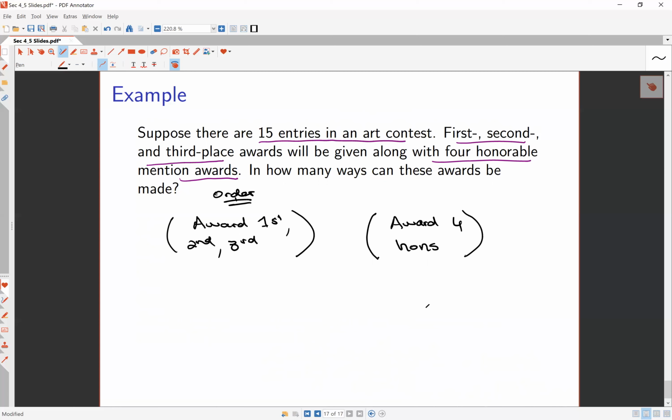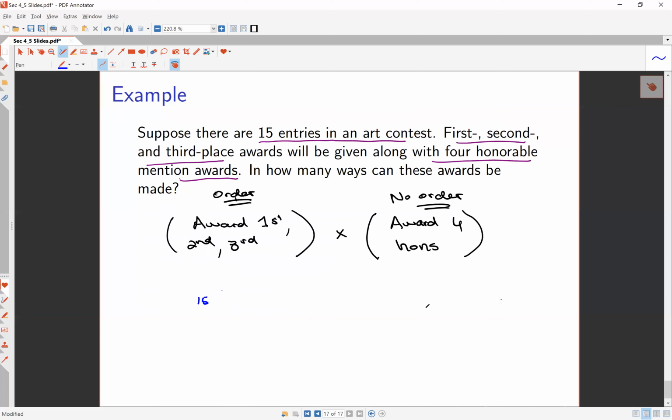So here are 2 actions, right? Our law of multiplication says if we can count how many ways to award the first 3 places, and we can then count how many ways to award the honorable mentions, then we just multiply those together. Now for the first 3 places, order is important, so that would be a permutation.